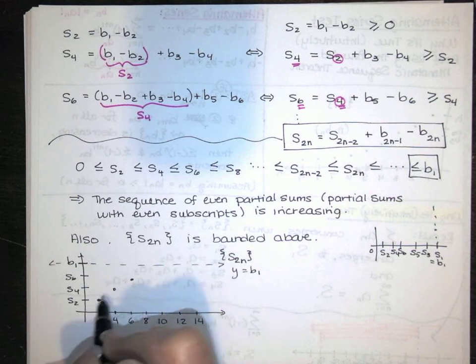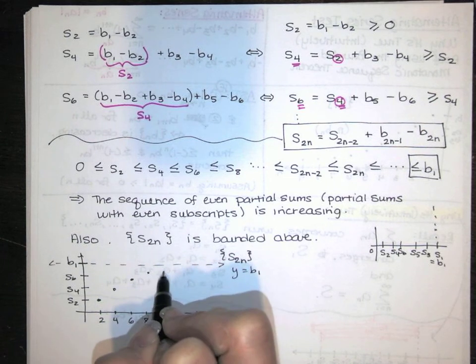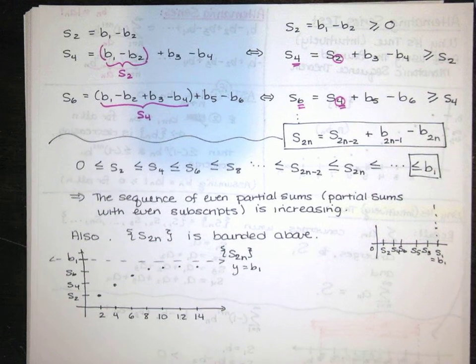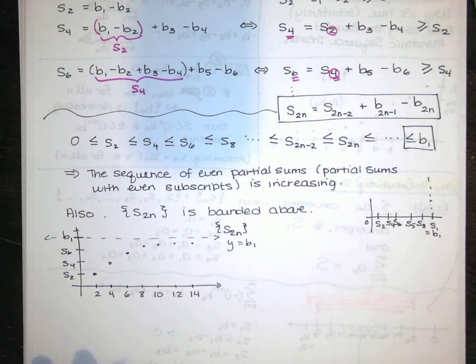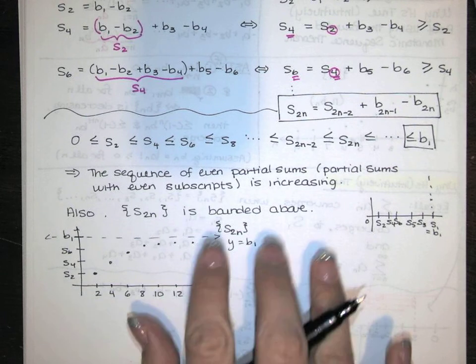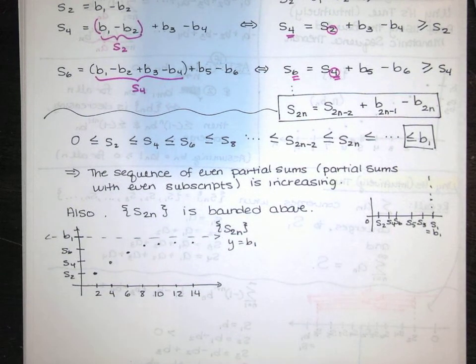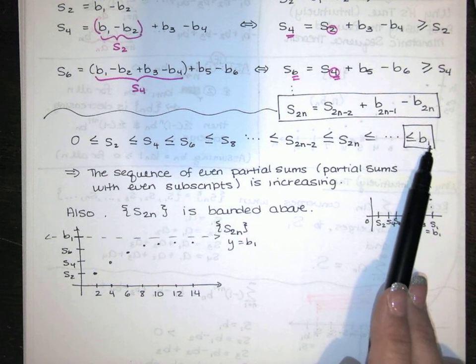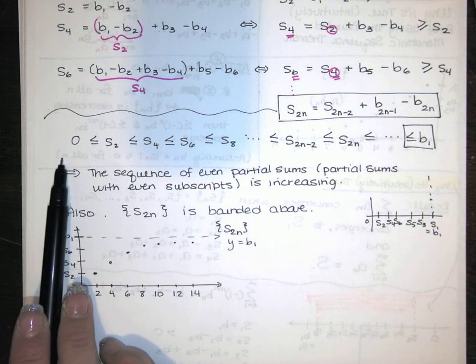So if our sequence of partial sums is increasing, and it's bounded above, well, according to the bounded monotonic sequence theorem, this sequence of partial sums converges. Now you might say, you didn't prove that it was bounded, you just told me it was bounded above. Well, it is bounded in general. It's bounded above by b sub 1, and it's bounded below by 0.